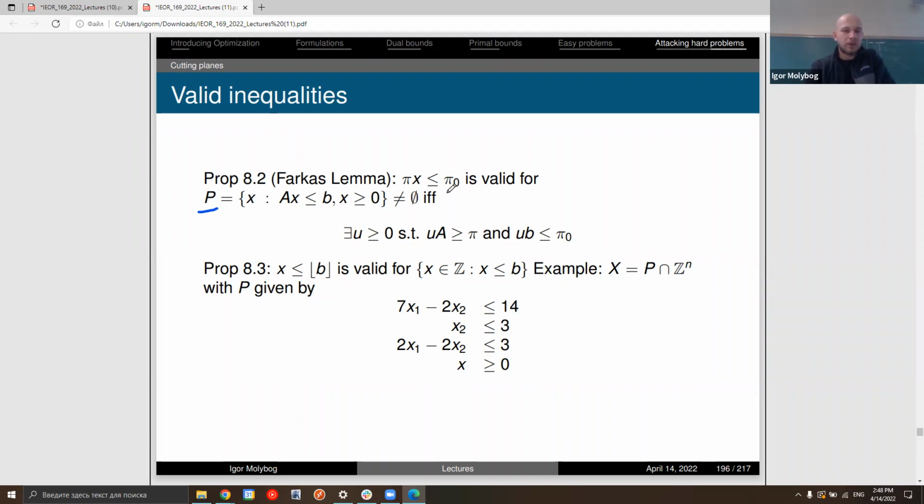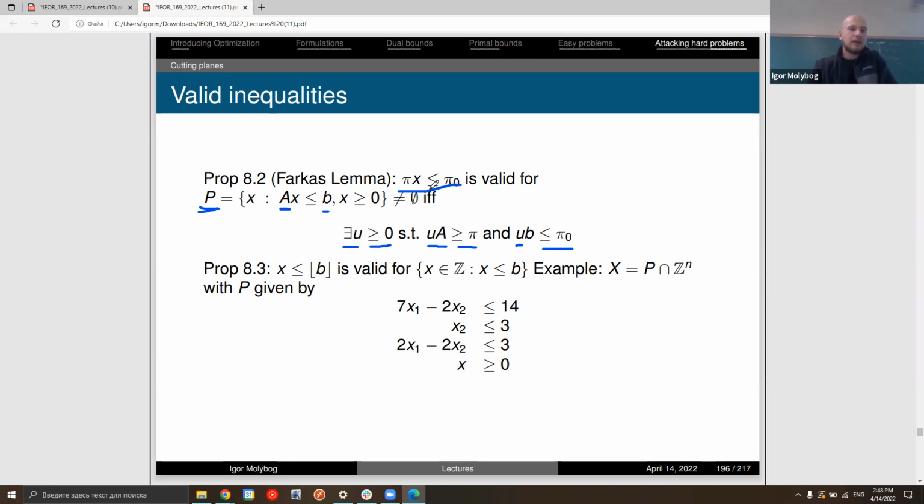So if you would like to know if an inequality pi x less than or equal to pi 0 is valid for formulation P, you just need to check if there exists a non-negative vector U such that U times the matrix A with which the formulation is defined is greater than or equal to pi, and U times the right-hand side of the formulation is less than or equal to pi 0.